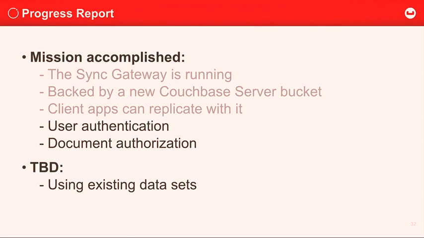So the one thing we still need to do is look at the case where we have an existing data set, we have an existing Couchbase server with populated data and documents, and we want to share those with mobile apps, and how we do that and what we need to be careful of when we do that.